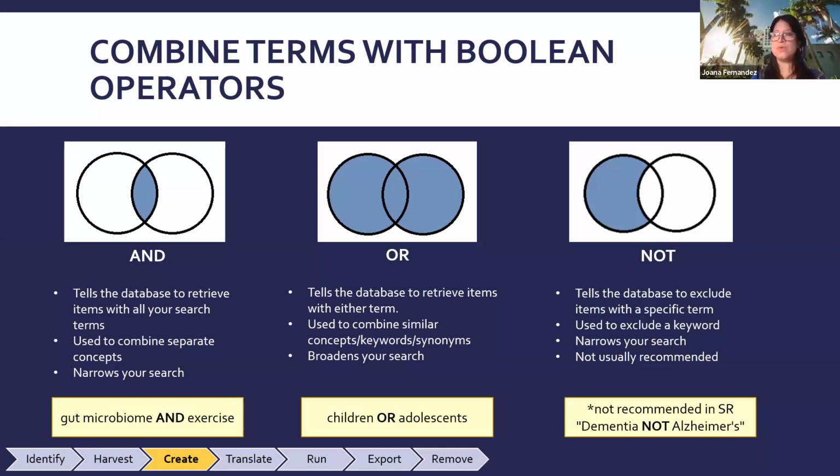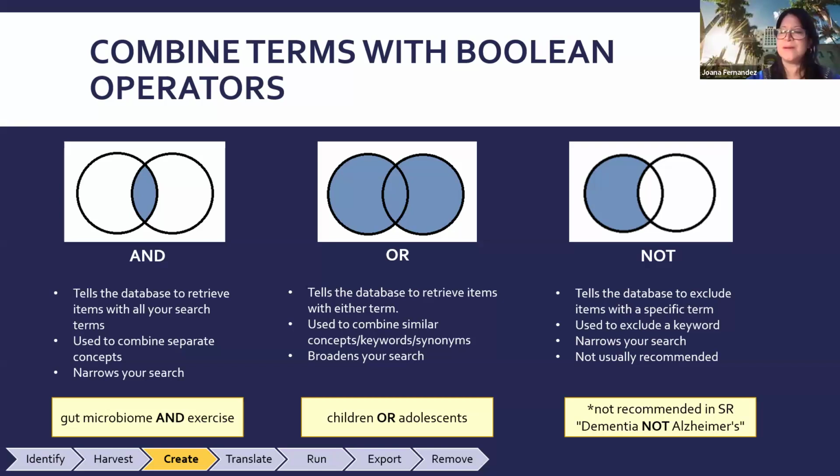And then we have NOT, which is the operator to exclude a certain topic if it's bringing you too many results. NOT is not recommended in general for systematic reviews. If you are going to use it, it has to be used very carefully. It is a way to exclude, maybe when you are getting many results that are bringing you what we call noise, like results from other fields.